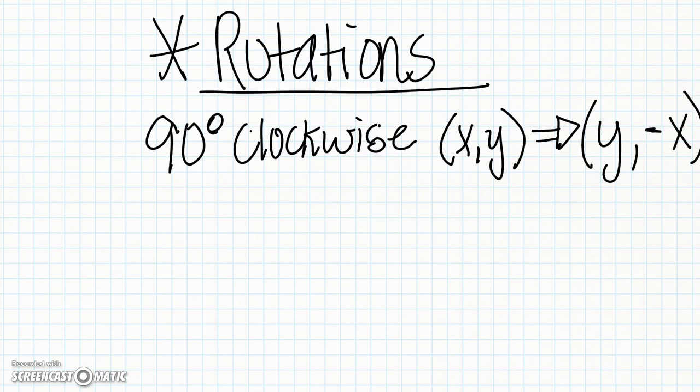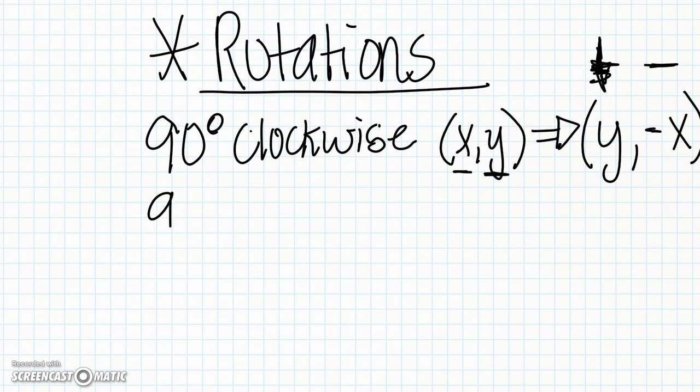So instead of having your x come first and then your y come second, your y is going to come first, and then you're going to negate your x. Okay, so that's 90 degrees clockwise.